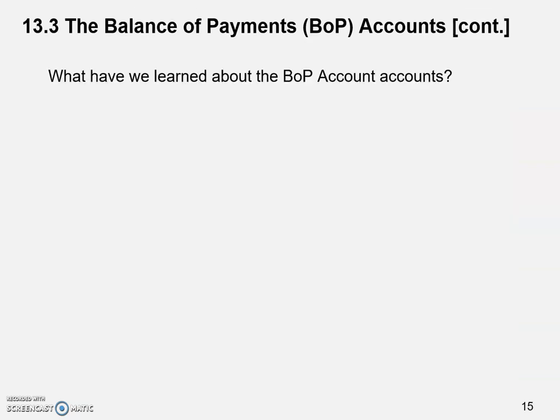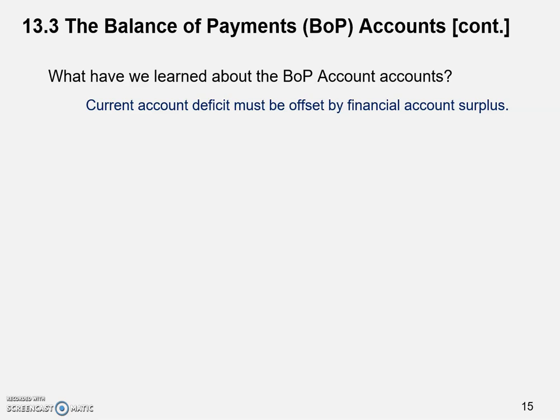All right, now let's take a look at the symmetric thing we mentioned a minute ago. Let's look at what we have already learned from the BOP account. It looks like, on that figure, the current account deficit must be offset by the financial account surplus.